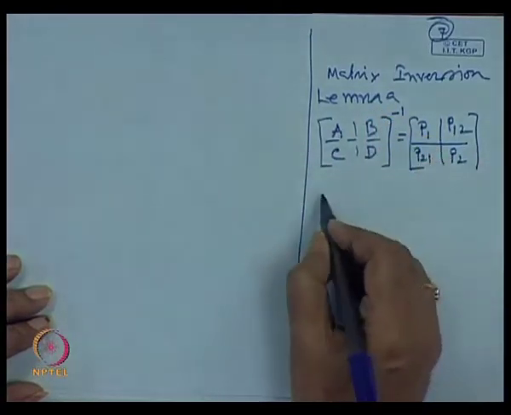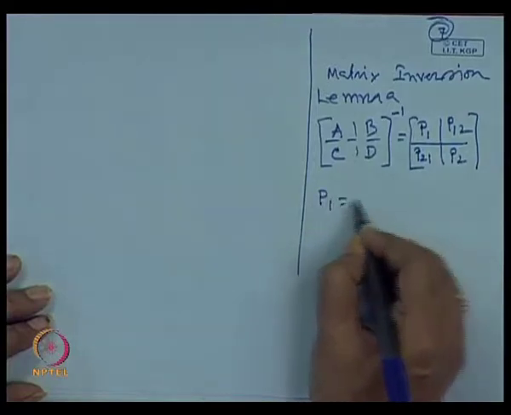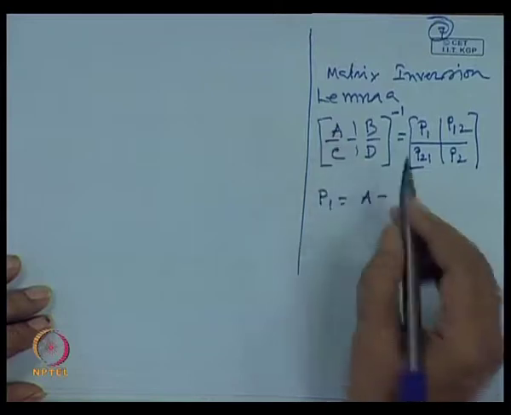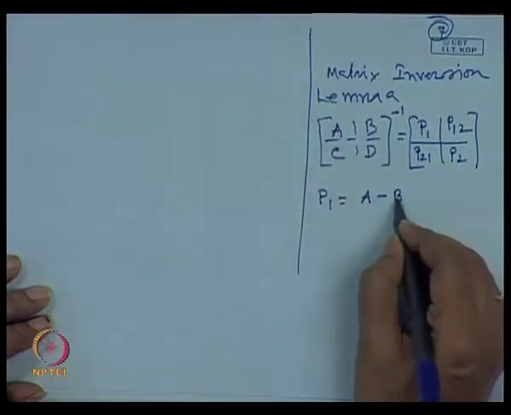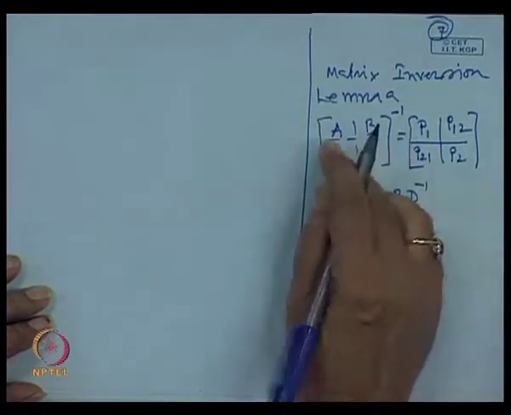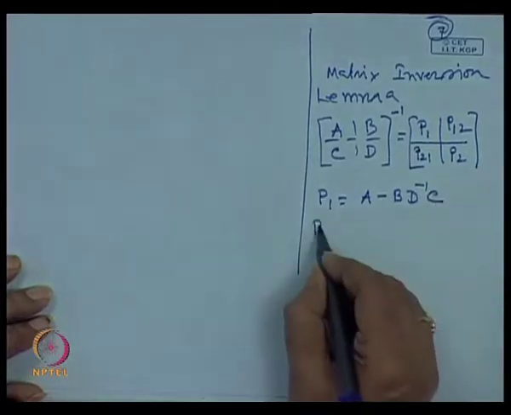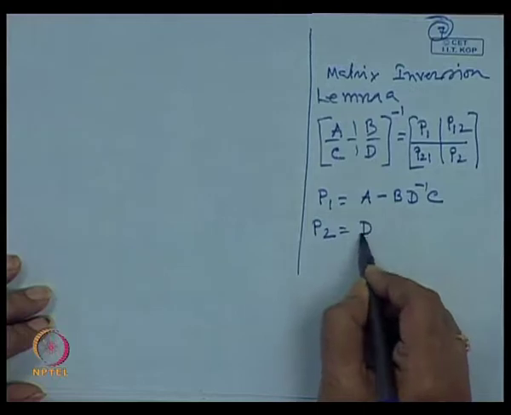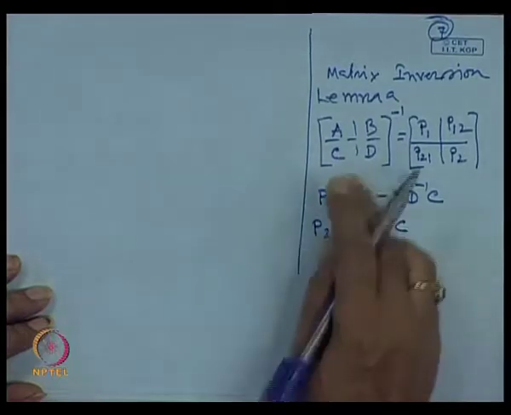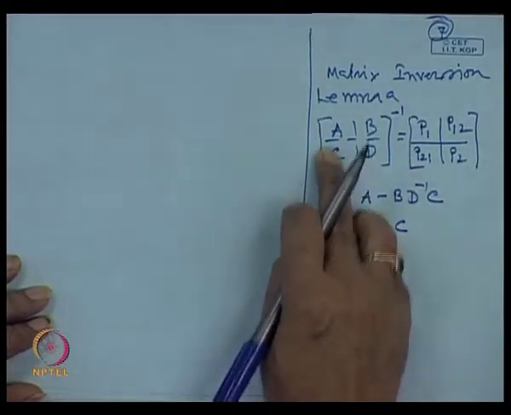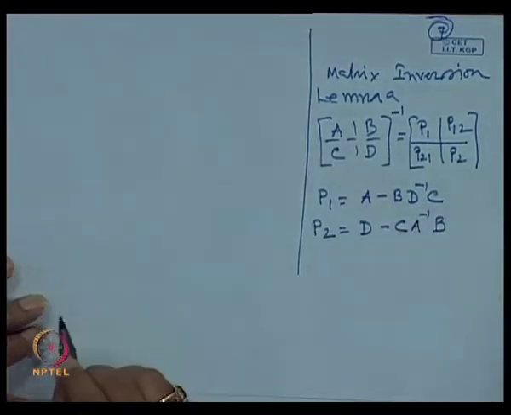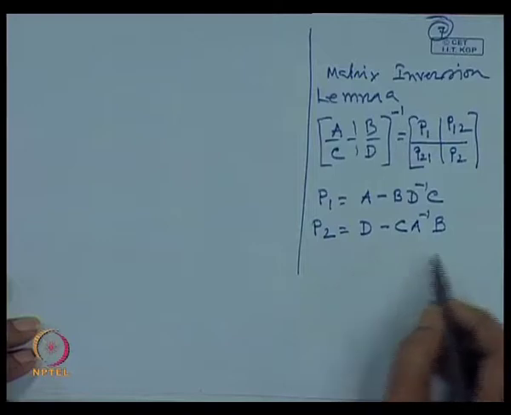Then I can write P 1 is equal to A minus B D inverse C, inverted. P 2 is D minus C A inverse B, inverted.